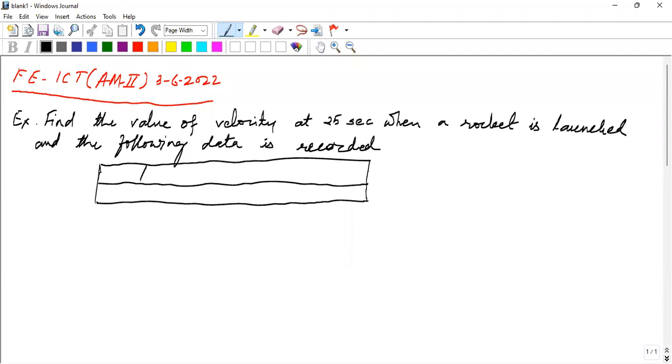So we have the time in seconds and velocity in kilometer per hour. Or we say this is the velocity in kilometer per second. So we are having a rocket launched here, and the data is like this.